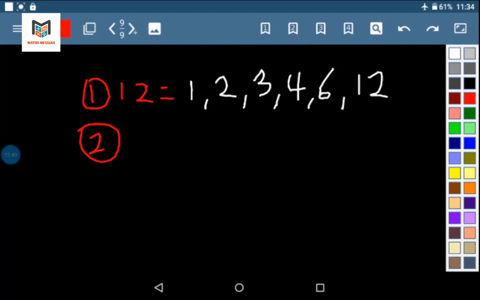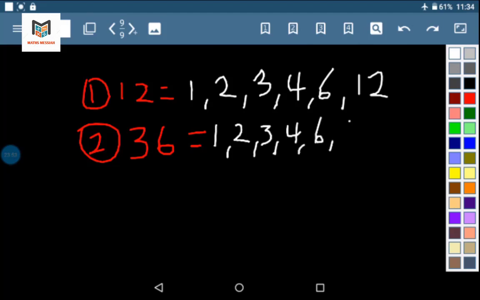The second one, which is 36, we have the answers to be 1, 2, 3, 4, 6, 9, 12, 18, and 36. You can check your answers by multiplying the first to the last as I've taught you.